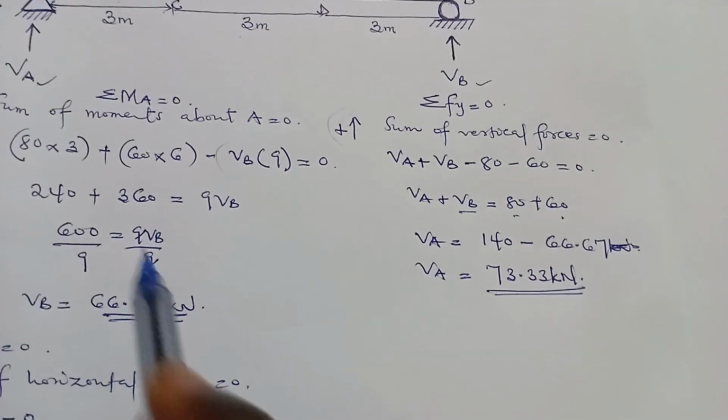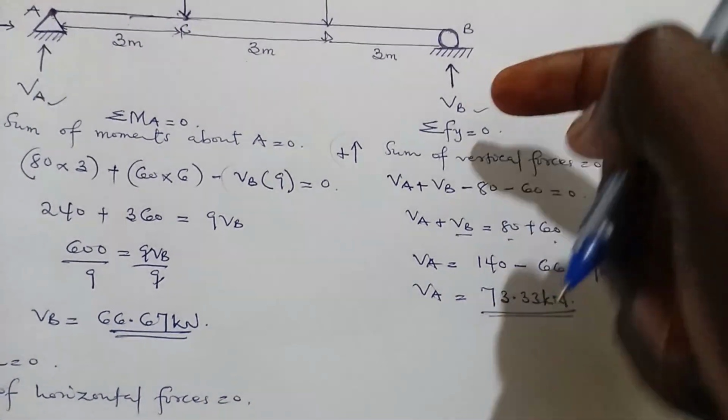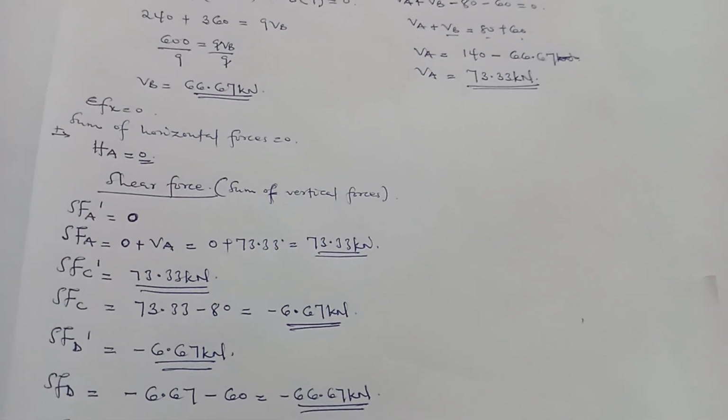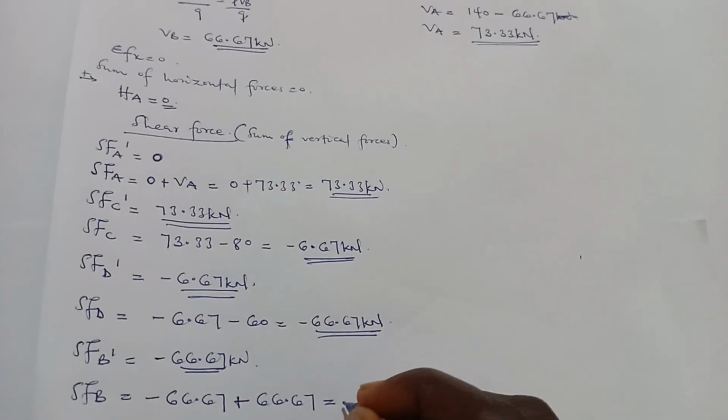We've already calculated VB, and that's 66.67. Because it's moving up, it is positive. So it's going to be plus 66.67, and this will give us 0.